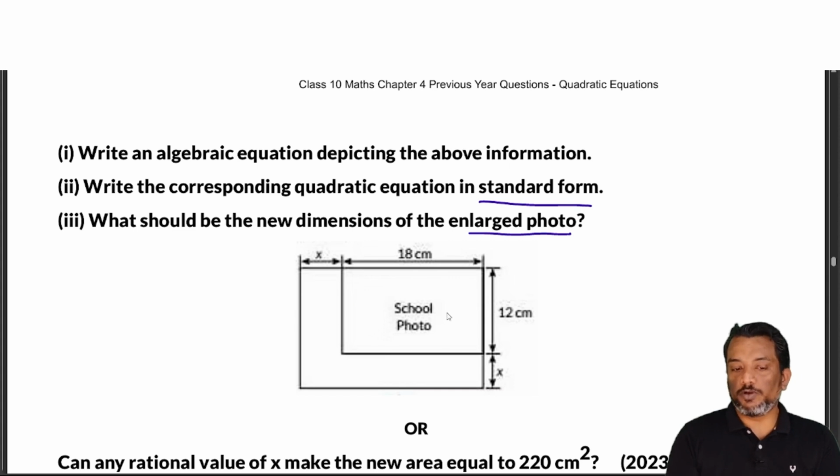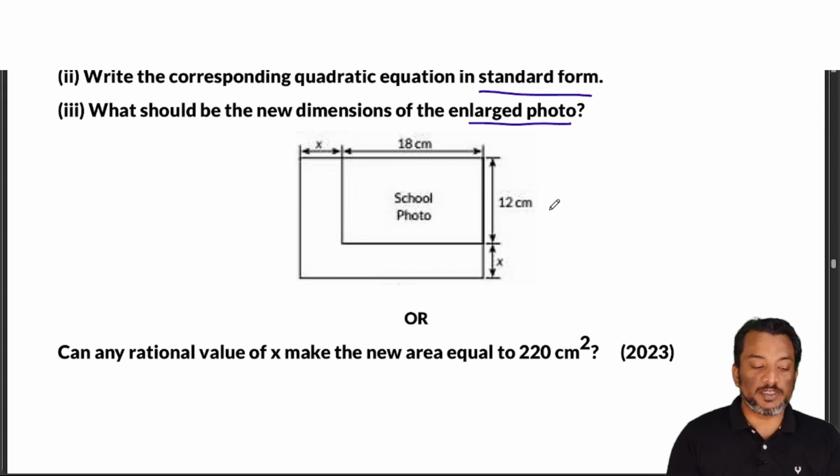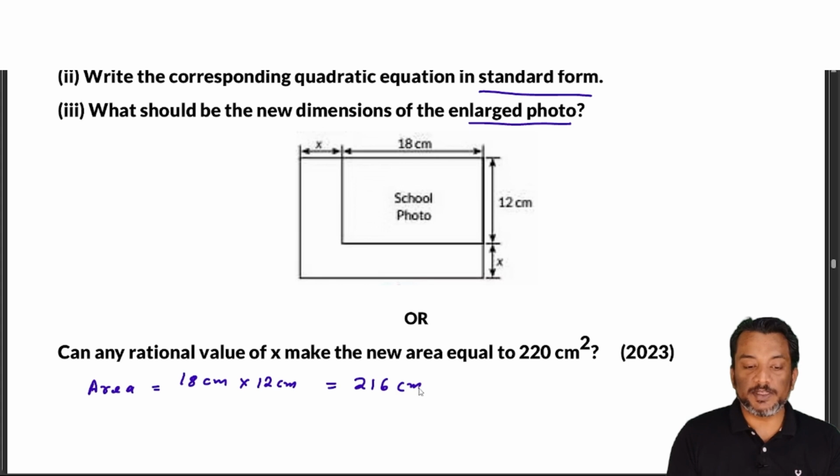There is a school photo whose length is 18 centimeter and width is 12 centimeter, and on both sides x unit is increasing. So what will be your new area? First we will say, our original area of the photo is equal to how much? 18 centimeter times 12 centimeter, because it is rectangular in shape. So you will get 18 times 12, 216 centimeter square.